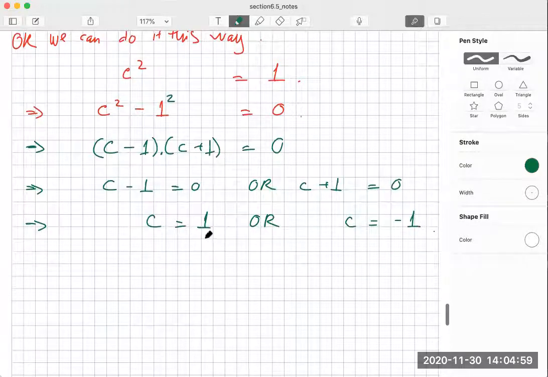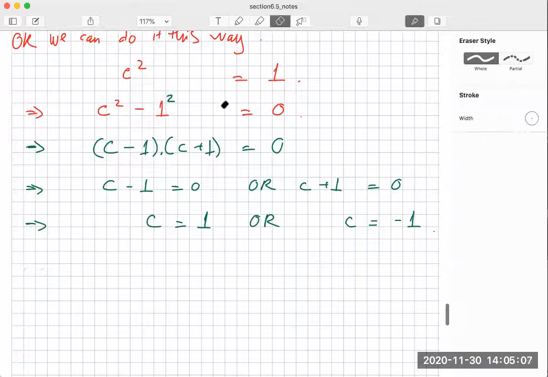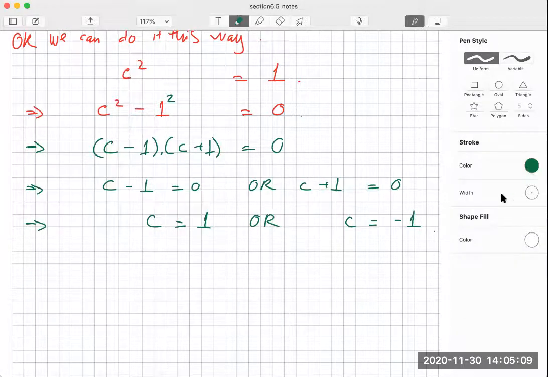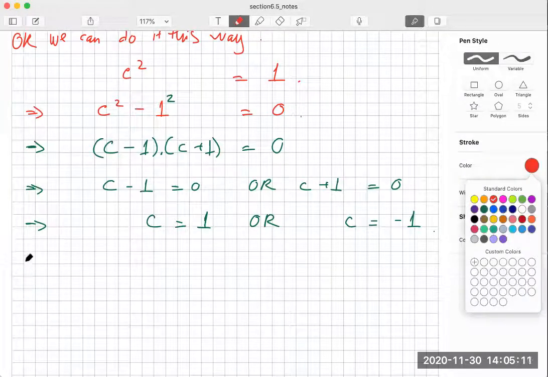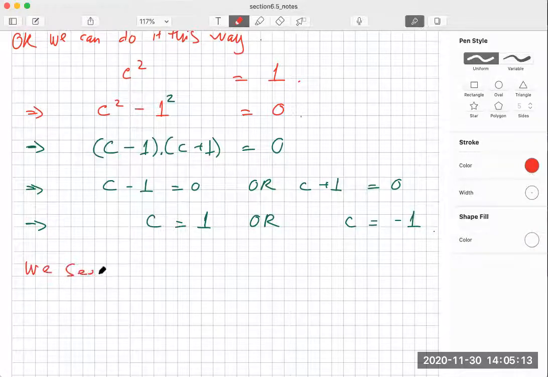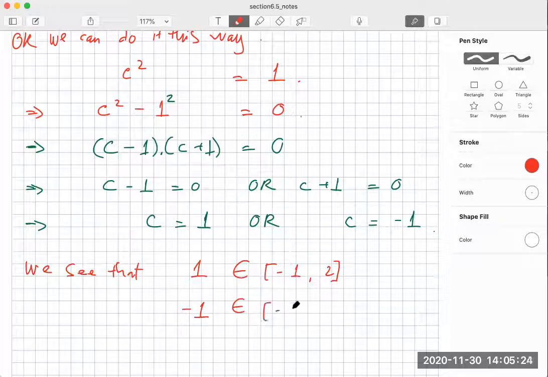And we see that 1 belongs to the interval from negative 1 to 2. And negative 1 also belongs to the interval from negative 1 to 2.